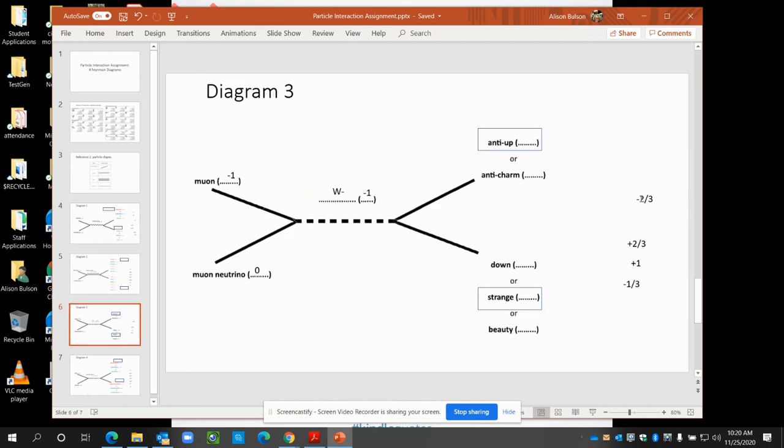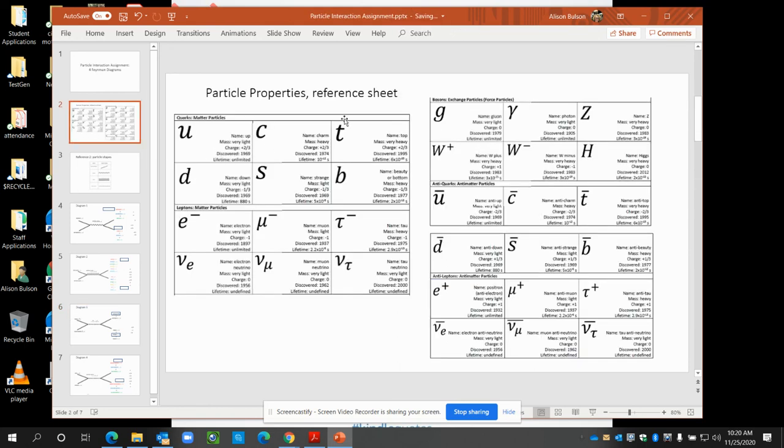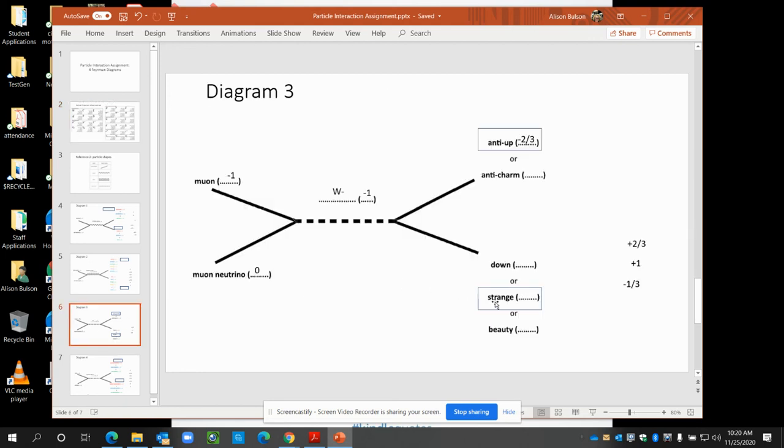So I go back to my diagram and enter that for anti-up. Finally, I need to know what the charge of the strange quark is. Again, back to my reference sheet. Here's strange. S for strange has a charge of -1/3. So my last entry here for strange is -1/3.